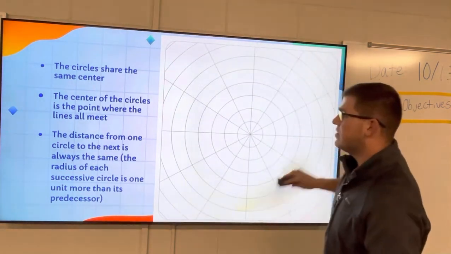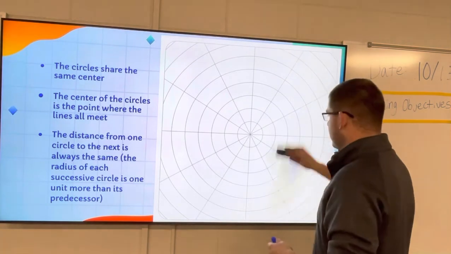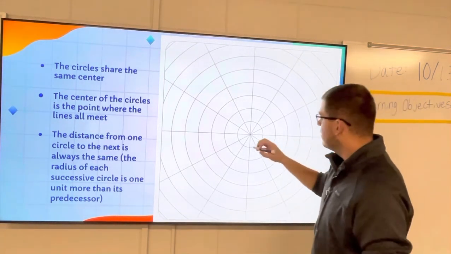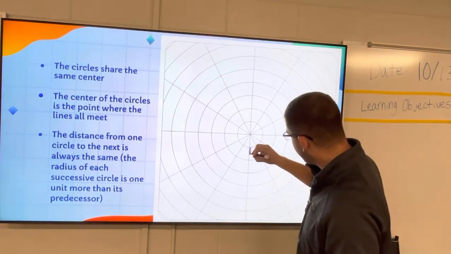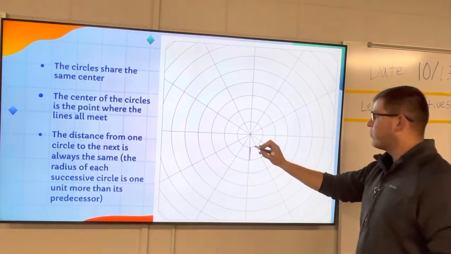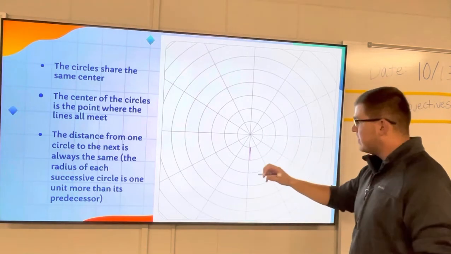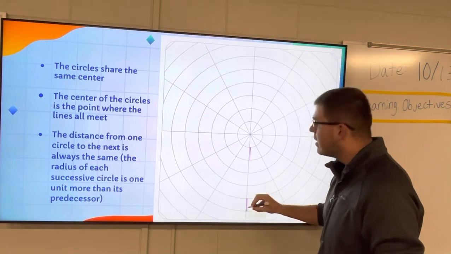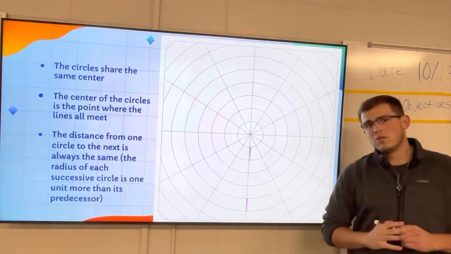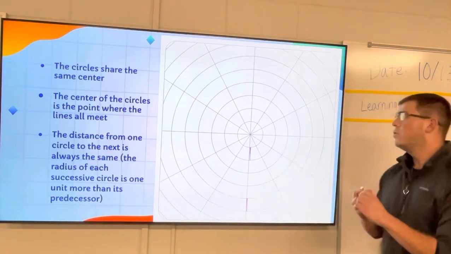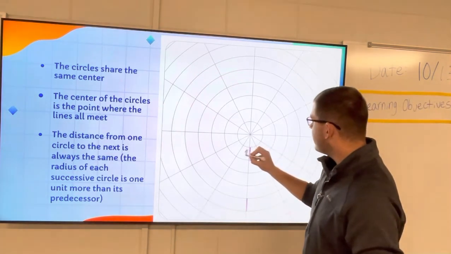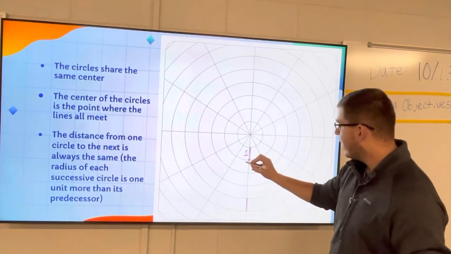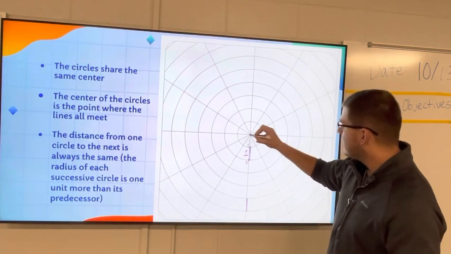Also, the distance from one circle to the next is always the same. If I were to take a ruler and measure this length right here, from the innermost circle to the next one, it's going to be the same length between the circles as all the way out here. So this is essentially a grid. You could count this as 1 unit. And then this would be where you count 2, because here would be 1. This would be 0.